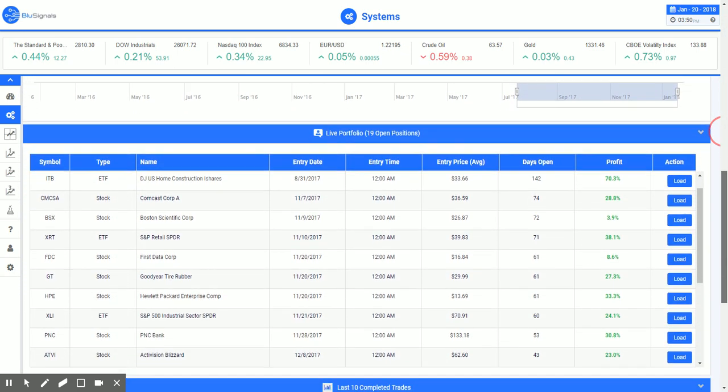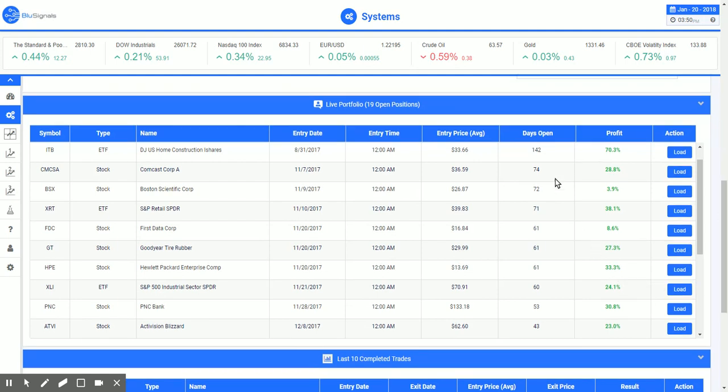These are not frenetic trades. These trades last for weeks and months at a time and produce substantial results, especially when you take these returns and compound them over the course of 2 months in the case here.